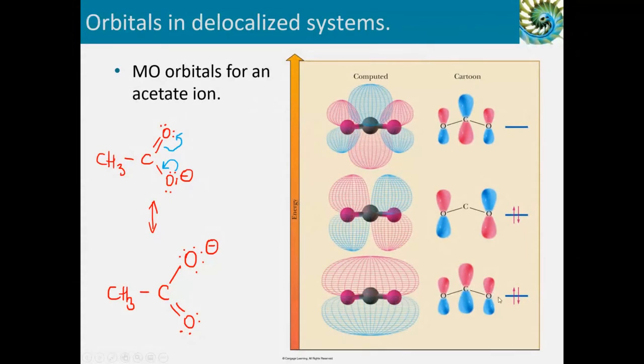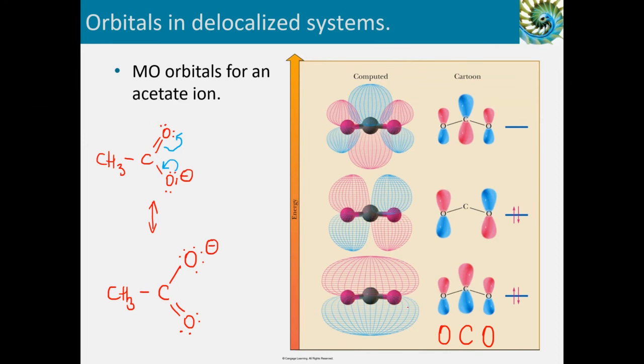There are 3 atoms connected, with the central atom in the middle being the carbon. I'm going to draw it again here. We have a carbon, 1 oxygen here and 1 oxygen here. We know there is a negative charge located on one of those oxygens, either top or bottom.